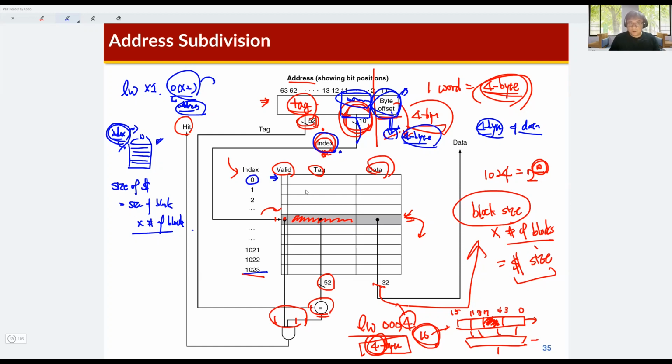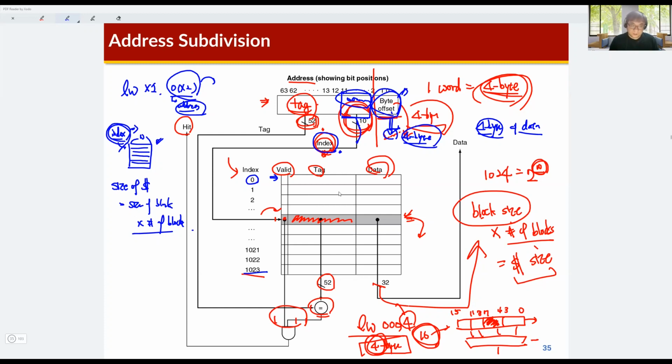Then how can we know the requested data exists in the cache? This is the direct mapped cache, and I explained that in order to identify the requested data in this cache, we need to store the address of the target data.